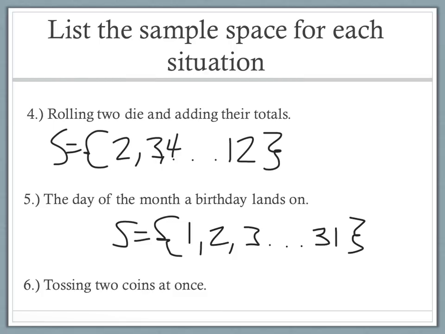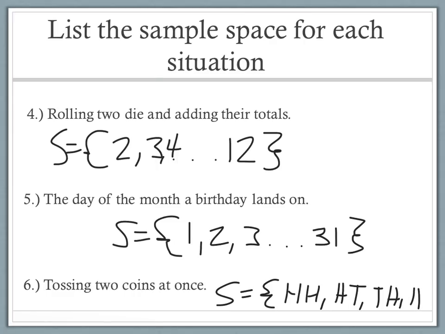And tossing 2 coins at once, our sample space can be heads and heads, heads and tails, tails and heads, and then 2 tails. So that's sample space: just what the possible outcomes are.